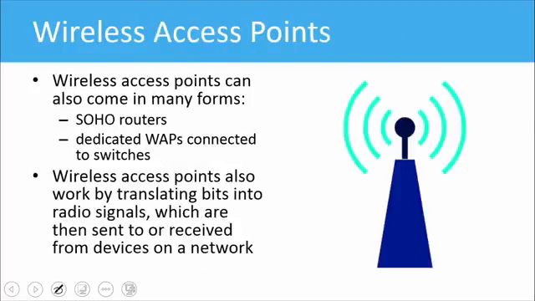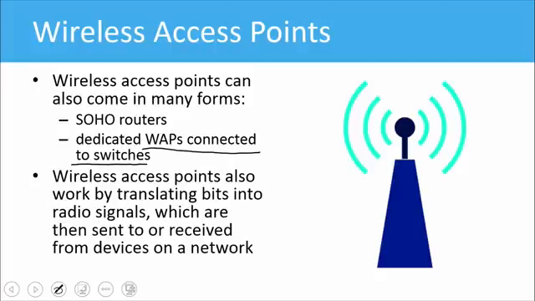Wireless access points, they can come in many forms as well. Oftentimes they're located in our home routers, our SOHO routers at our home office or small office. And wireless access points, like I had mentioned previously, I hate to hammer this down, but they're connected to switches. And we do have dedicated ones that are specifically for the purpose of sending and receiving data in large organizations.